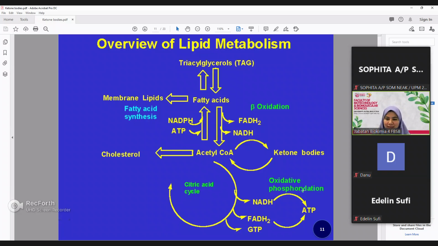If you really menghayati, if you really look at this big picture of lipid metabolism, you can see how beautiful is the flow of mechanisms that occur in our body, in the mammalian system.